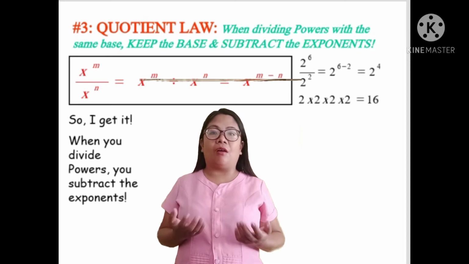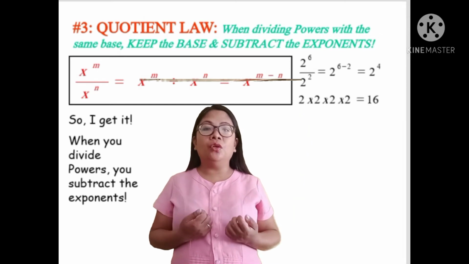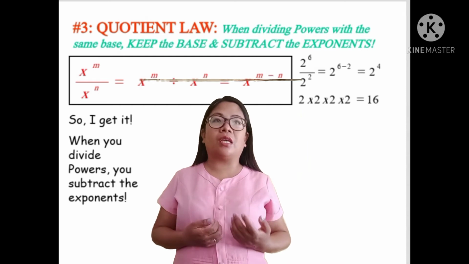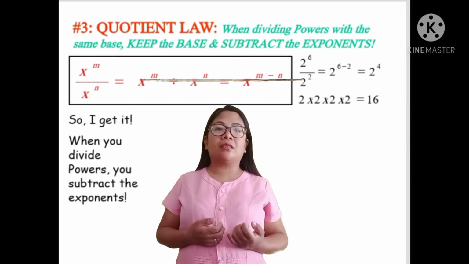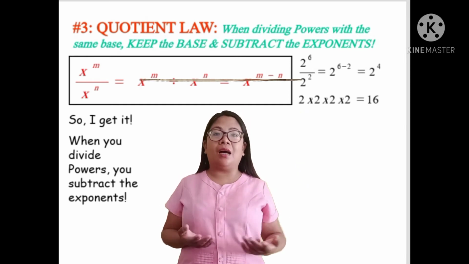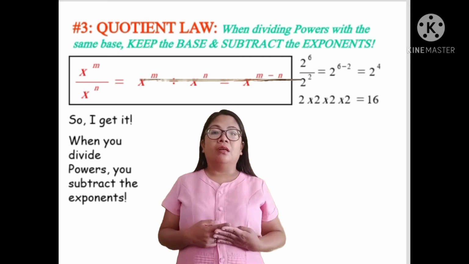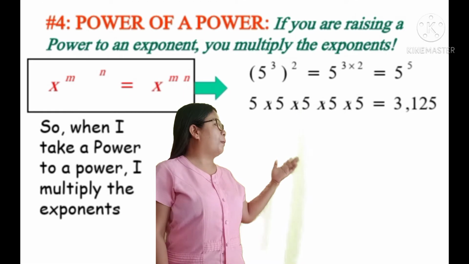With the concrete example, 2 raised to 6 divided by 2 raised to 2 is equal to 2 raised to 6 minus 2. The answer is 2 raised to 4. It comes up with 2 times 2 times 2 times 2. The answer is 16.